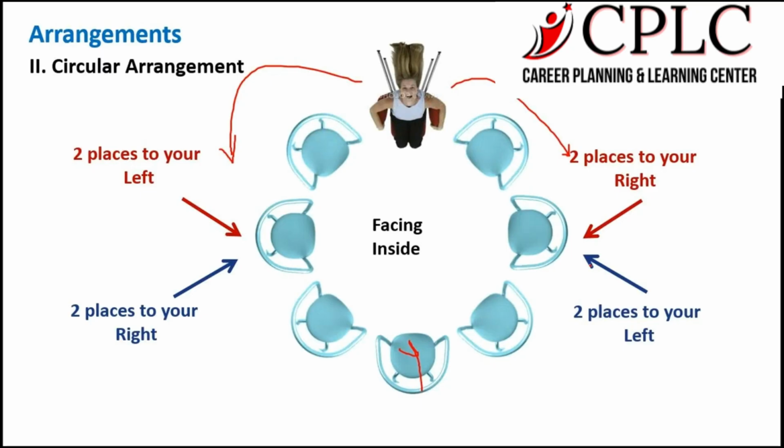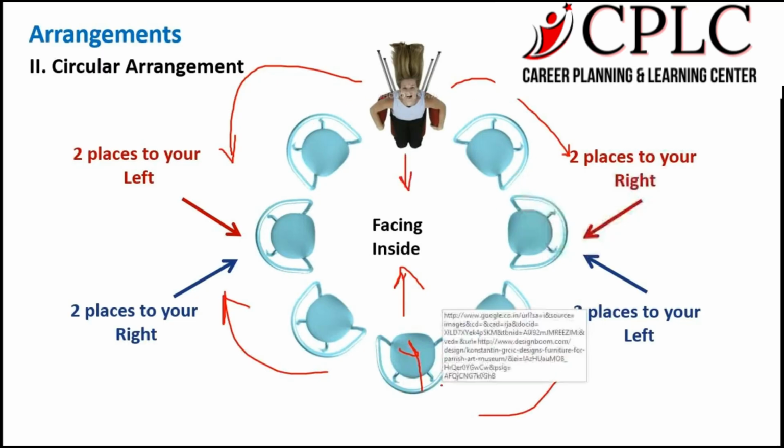Again, to avoid this confusion, what we can generalize actually is that, let's imagine you are sitting here and you are facing inside, and you know that this was your left side and this was your right side. And if you are sitting here and you are facing inside, this is your left and this is your right.